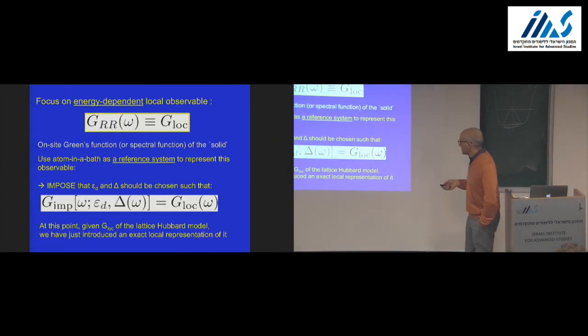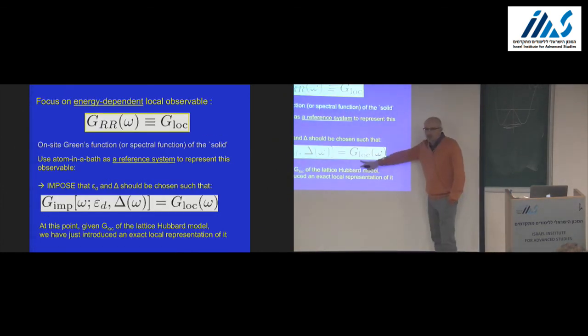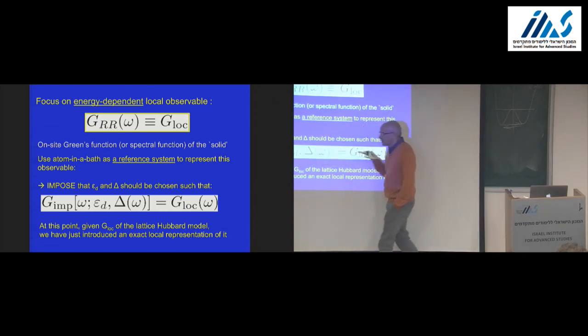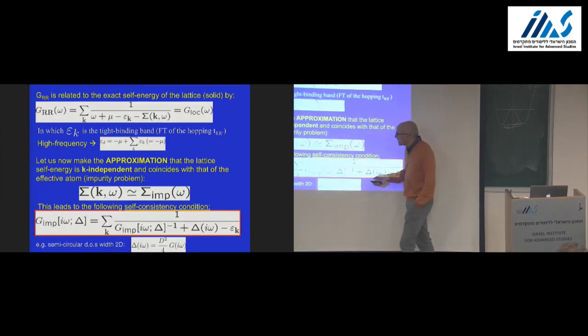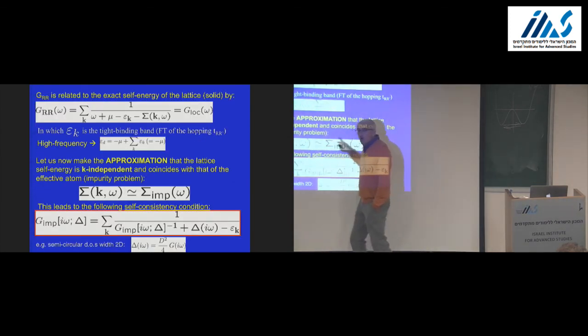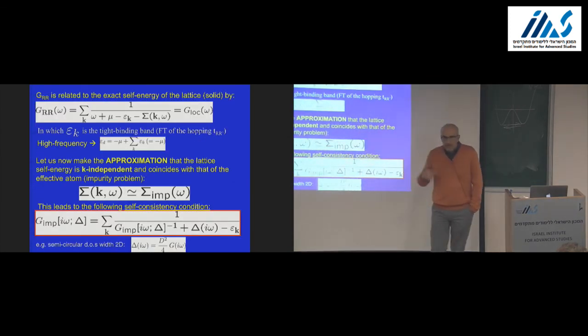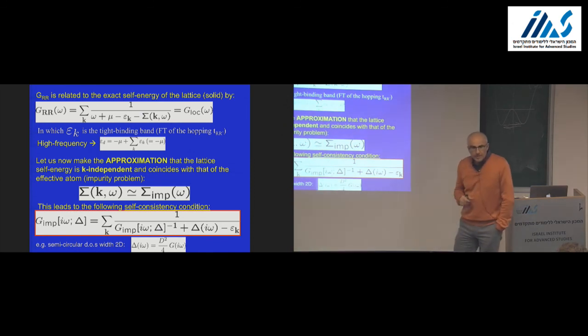The other thing here is a question of representability. I'm going to choose delta such as to represent correctly the local Green's function from my embedded atom. And the approximation is that the self-energy coincides with the self-energy of the embedded atom.